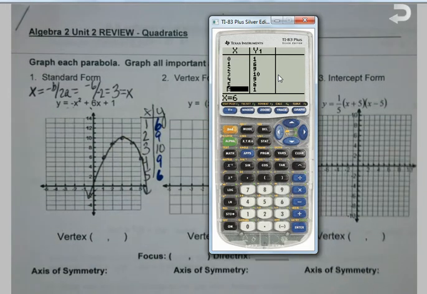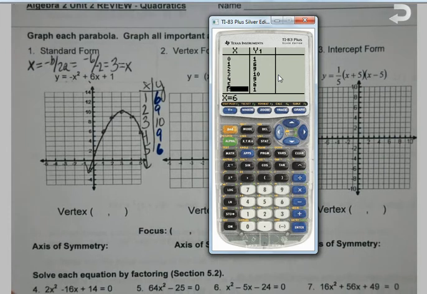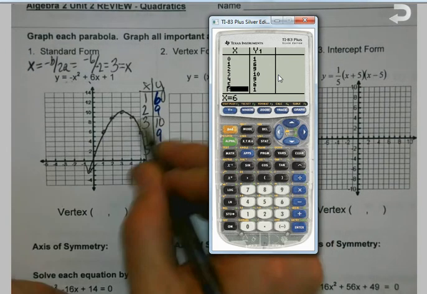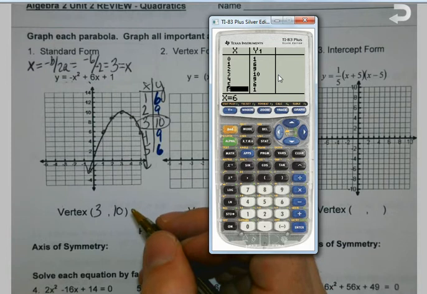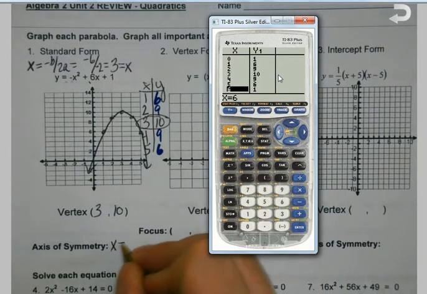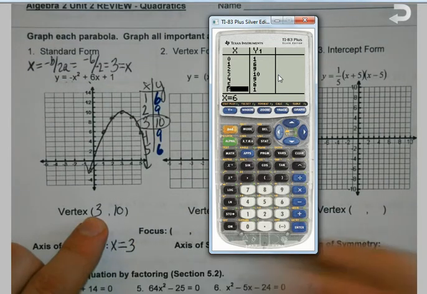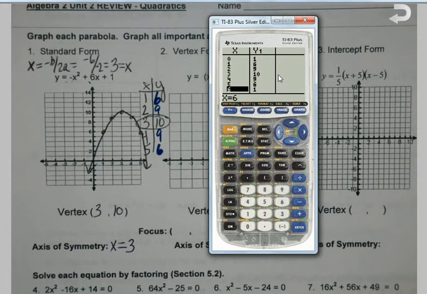Let's see what else I need here. I need my vertex. There's my vertex, 3, 10. My axis of symmetry, x equals, and it's always going to be my x value, and I'm good. That's all I need.